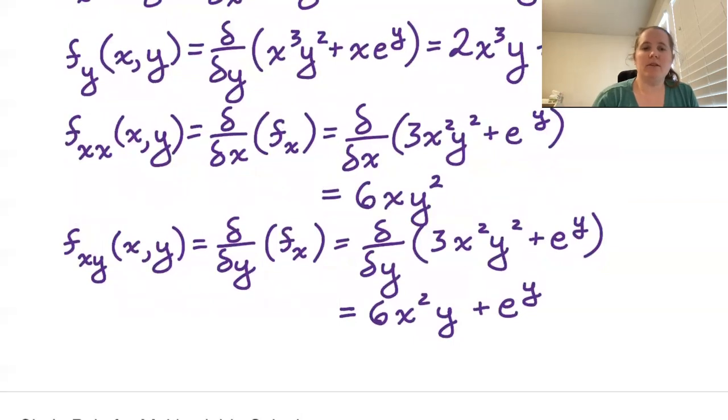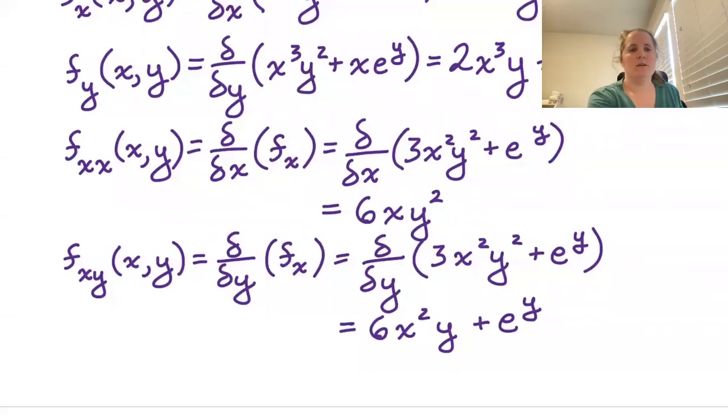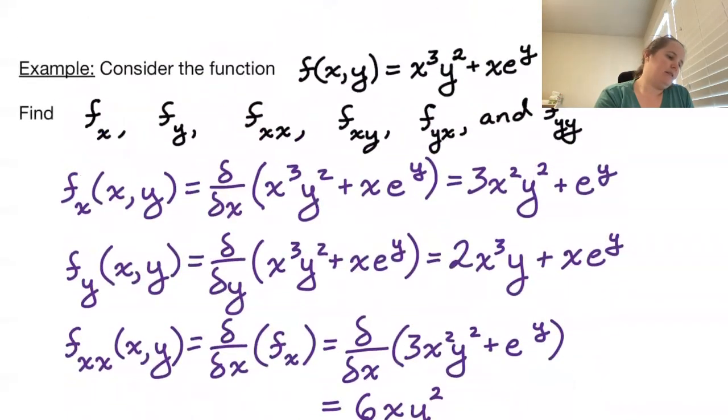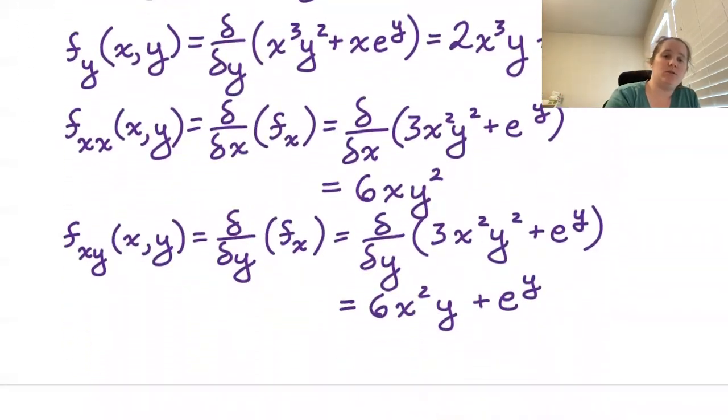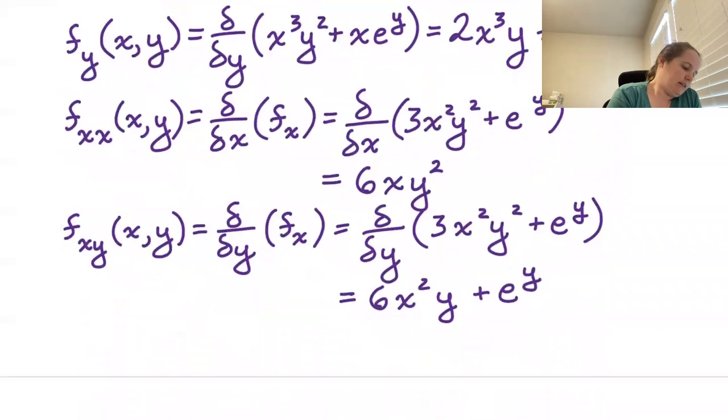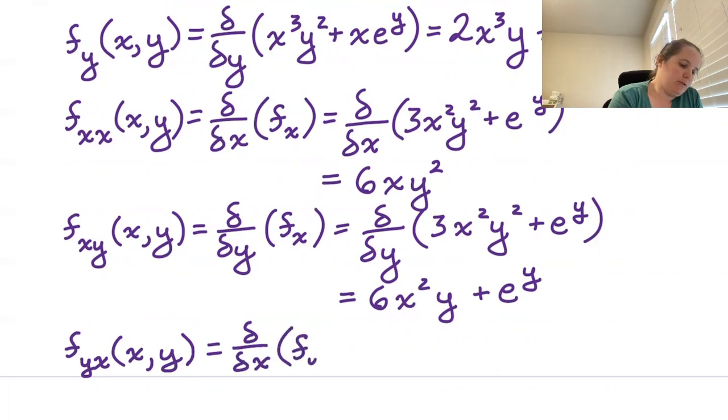I'm going to give myself a little more room for those last two second partials. So the next ones, we're going to look at the mixed partial f_yx evaluated at x y. So this is the partial with respect to x of the first partial derivative with respect to y.